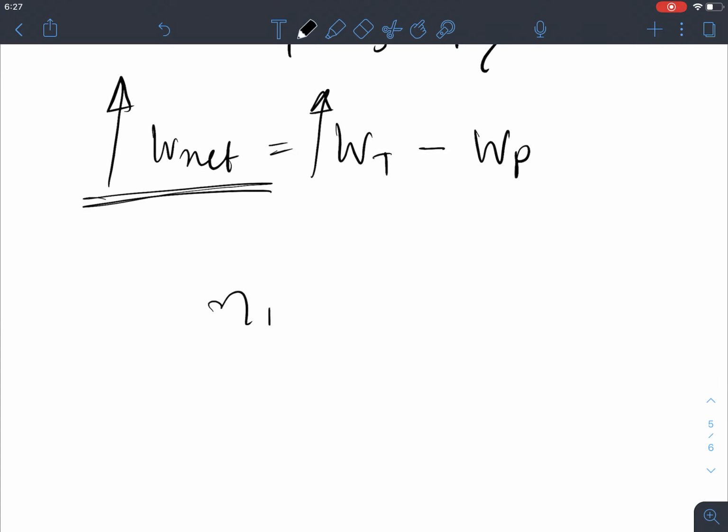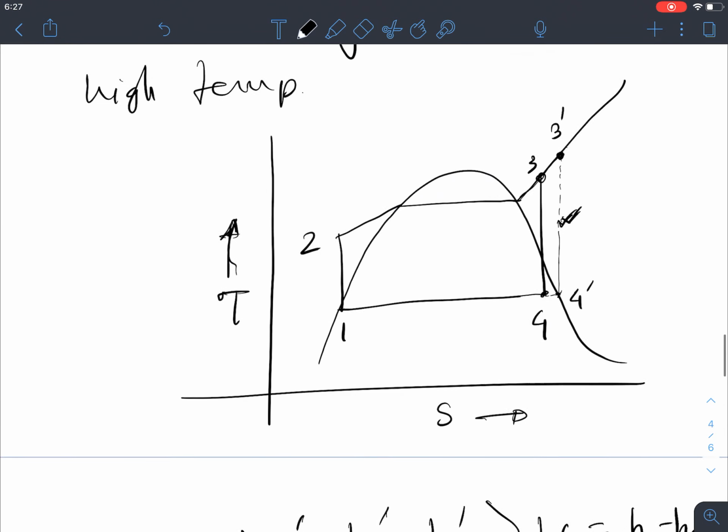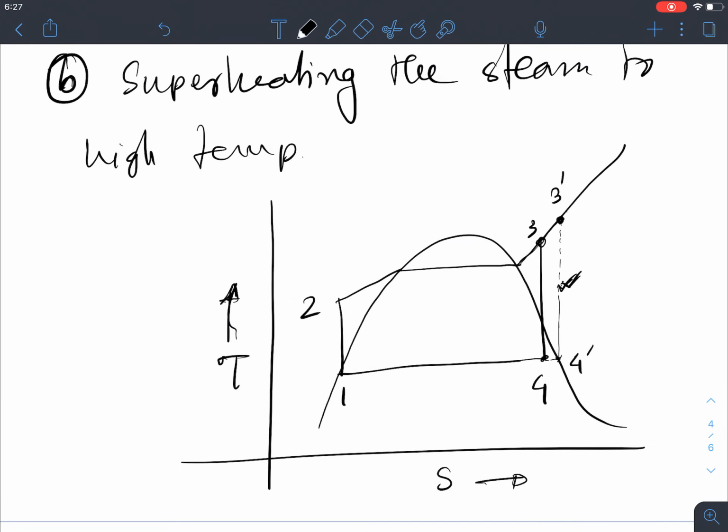So if the W net increases, the thermal efficiency will also go up, because everything else remains constant. So this is another way to increase the efficiency.